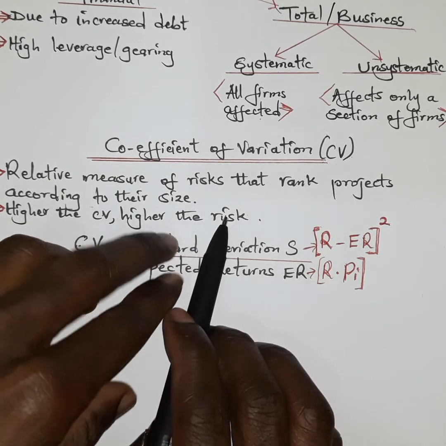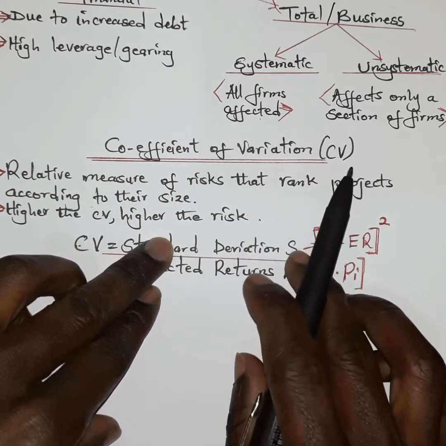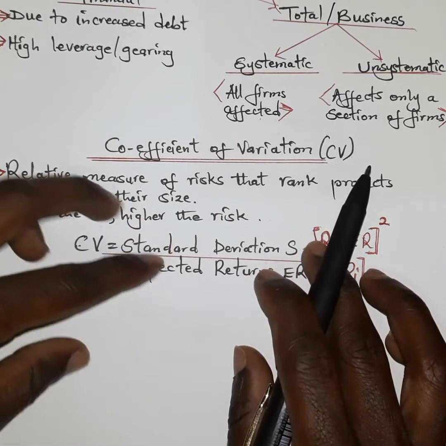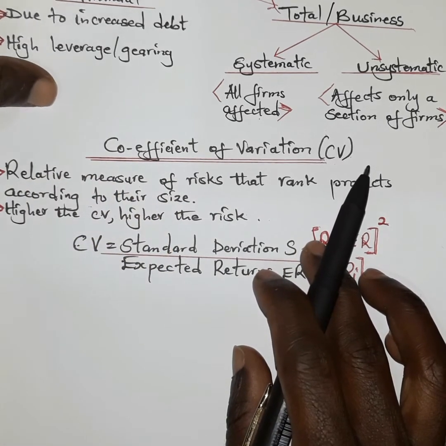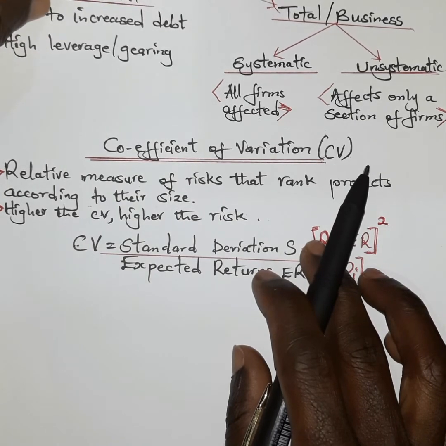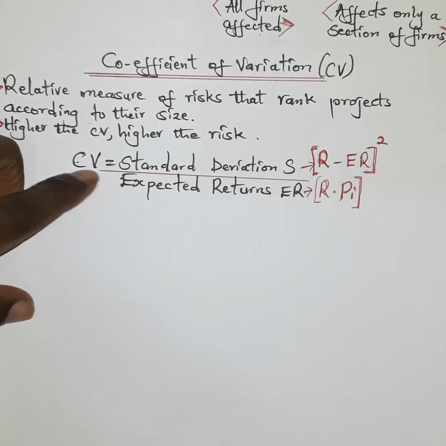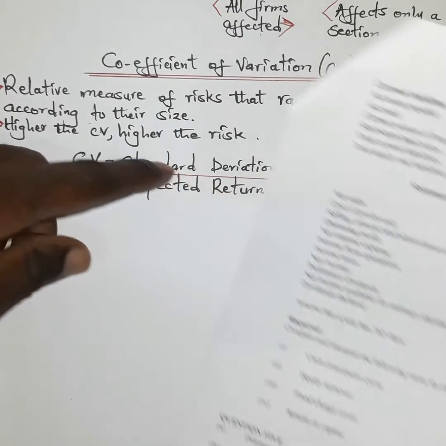So if the figure is more than 0.5, this company will be faced with a high risk. A value less than 0.5 means there will be low risk. We are going to see this in our calculation. And of course, we have the formula, which is the standard deviation divided by the expected returns.